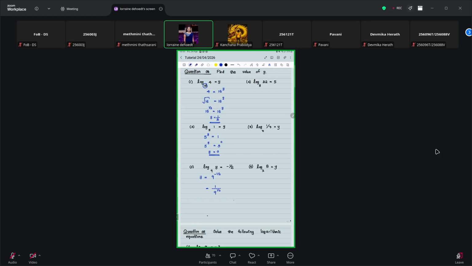Now, then y equals 1 over 9 to the power half. That means the square root of 9. The square root of 9 equals 3.